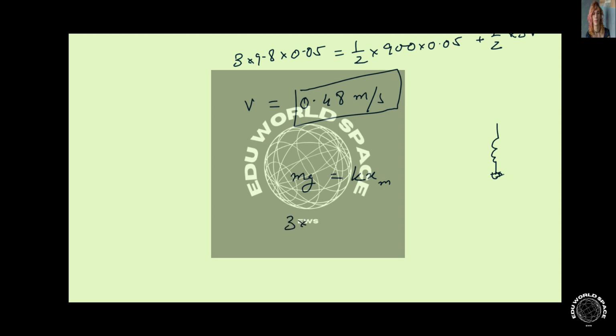So the mass is 3, g is 9.8, k is 900, so xm comes out to be 0.0327 meters, right? This is xm.